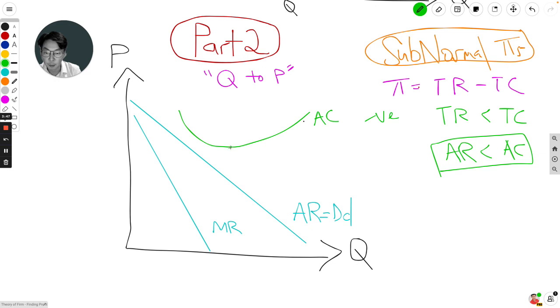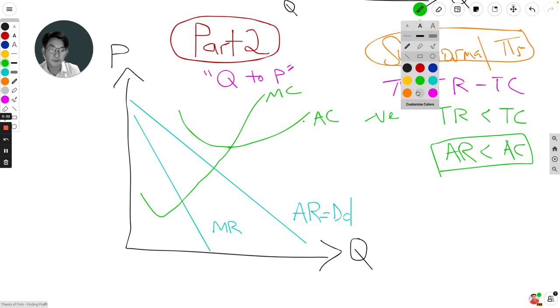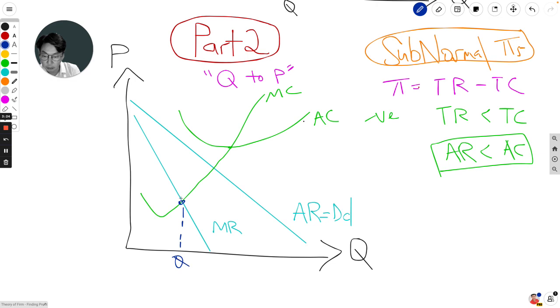So at this point, let me remind you that your marginal cost curve must cut the bottom of the average cost. Okay, so now we can look for the profit maximization, profit max equilibrium, MC equals to MR, go down, Q, go up to the demand curve, Q to P.